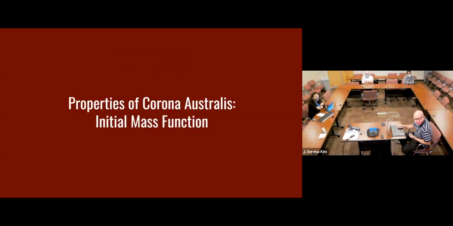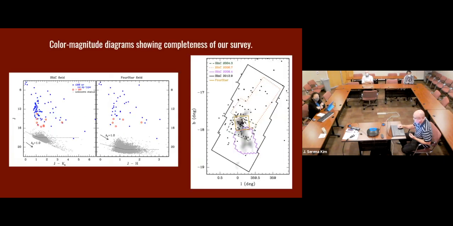One of the original things we wanted to look at was the initial mass function. This was actually the original reason why we started this study to begin with, but here we are, relegated to just a couple of slides. These are color magnitude diagrams of the IRAC field and the 4-star field. The 4-star field is this little box here, and the IRAC field is where there are multiple epochs of IRAC motions. This is non-extinction corrected, just near infrared color magnitude diagrams.